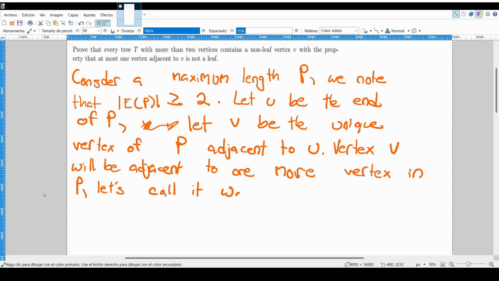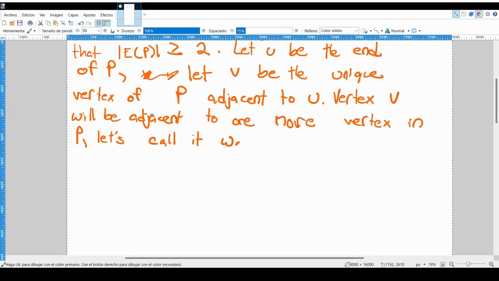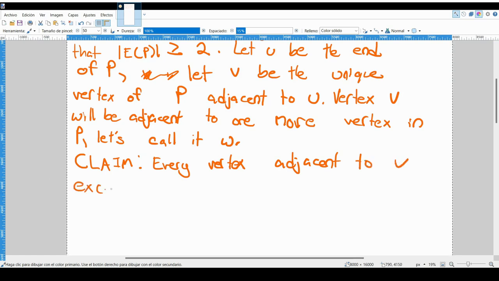Now, the claim that we're going to make here is that every vertex adjacent to V except for W is a leaf.